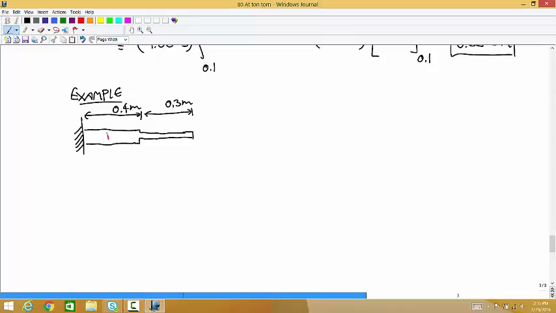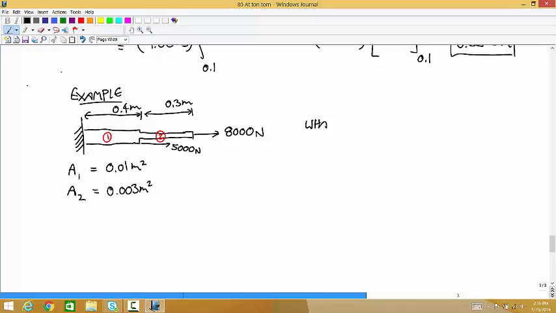And if this is piece 1 and this is piece 2, the cross-sectional area of piece 1 is 0.01 meters squared. The cross-sectional area of piece 2 is 0.003 meters squared. And let's say at the shoulder here, we have a force of 5,000 newtons. And then at the end, we have a force in the same direction of 8,000 newtons. And we want to calculate the elongation.